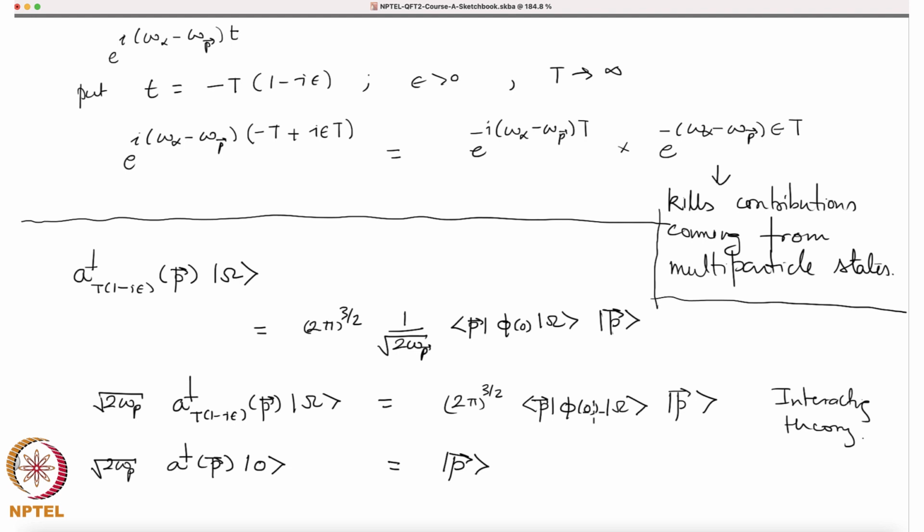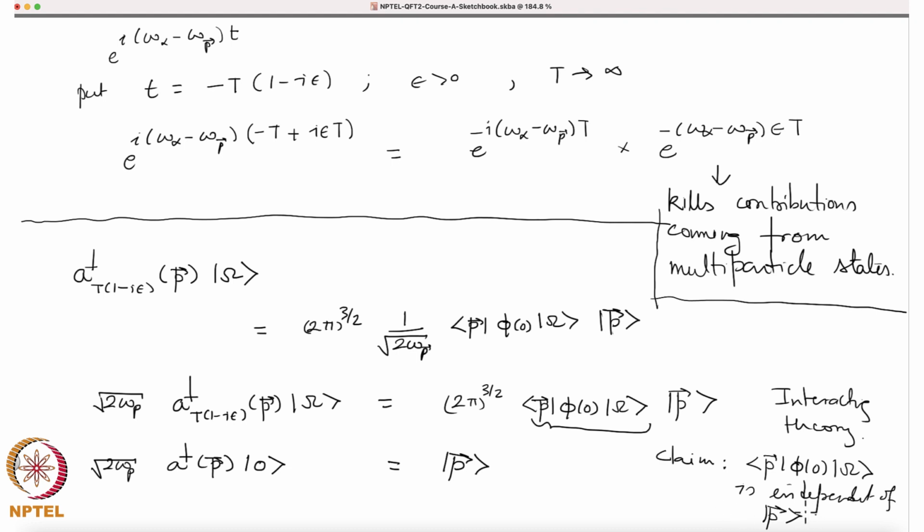Okay, good. Now I make a claim that this factor actually does not depend on P at all. So I claim that this is independent of P. No matter what the momentum of the single particle state is, that object remains the same.